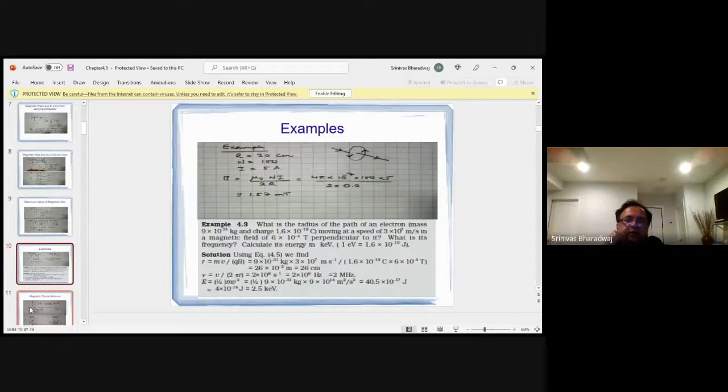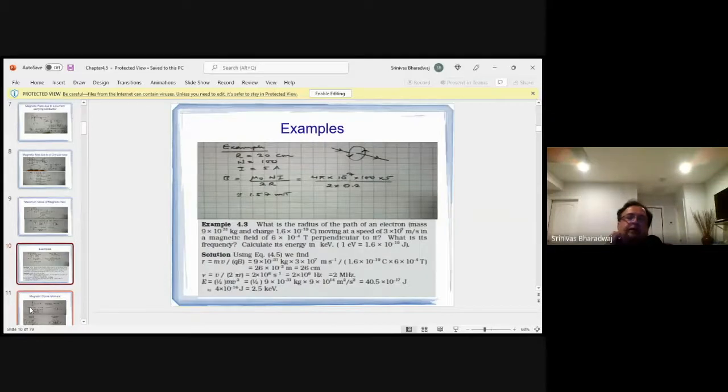Distance is 2 pi r. 2 pi r divided by the velocity will give you the time for one revolution. 1 divided by that will give you the frequency. Now calculate its energy. Its energy is half m v square. That you just have to calculate. You already have all the details for that.